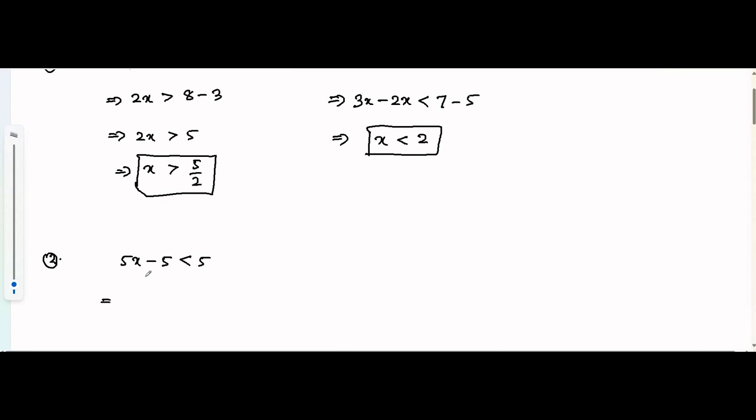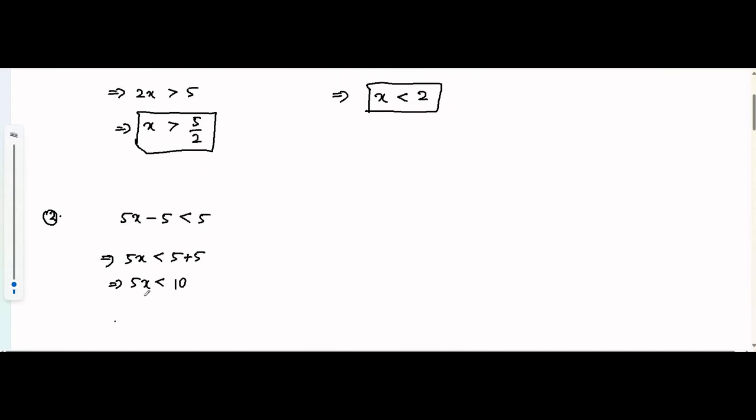So here 5x is lesser than 5 plus 5. That implies 5x is lesser than 10. That implies x is lesser than 10 by 5, which is equal to 2. I will show you how I got this result. So this is the solution.